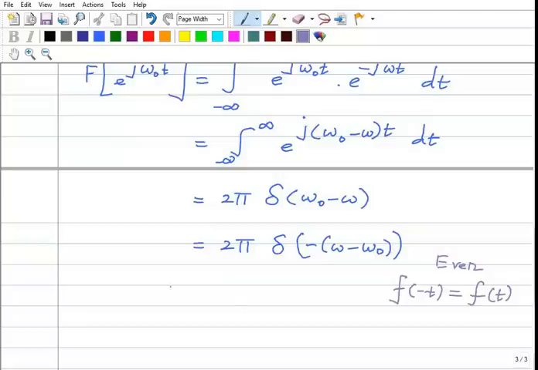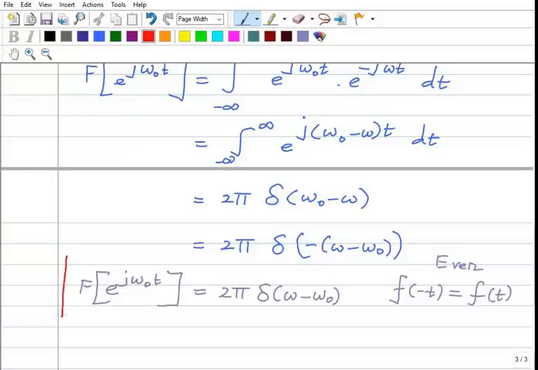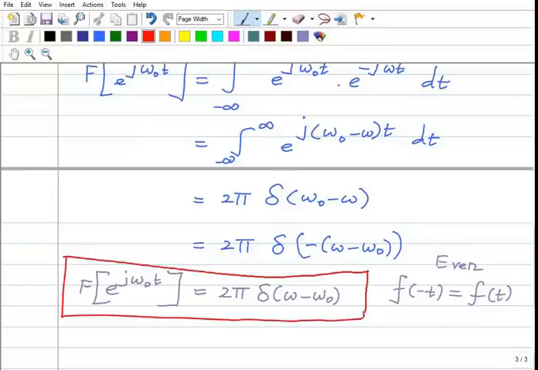So can I write this something like f of minus t is equal to f of t. So this is the result. So you can write this is an even signal.